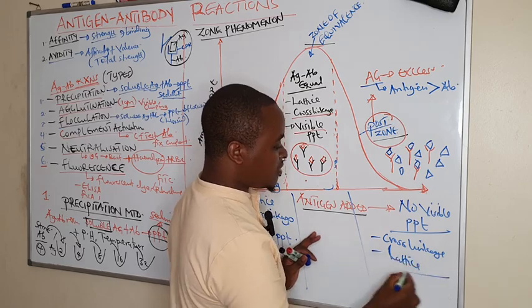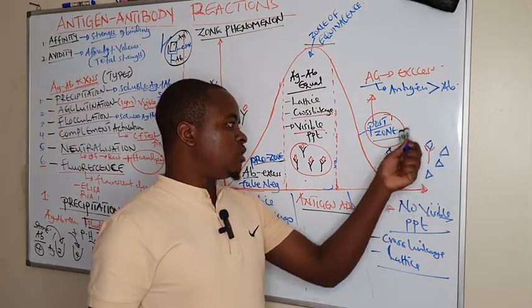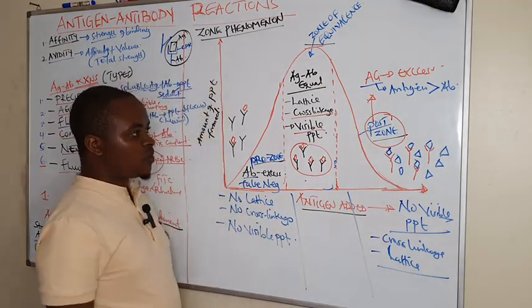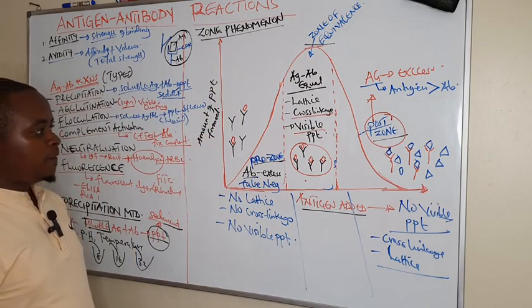The majority of antigens are not getting where to bind to the paratopes, and so there is no visible precipitation. That is the post-zone phenomenon.